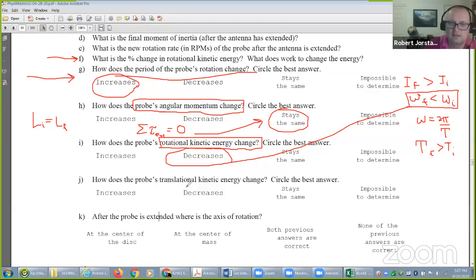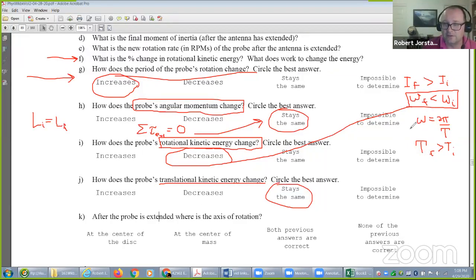Okay. How about the translational kinetic energy? I'll let you think for a second. No change. Isn't that wild? So here, there was no external work done to change the translational kinetic energy, right?